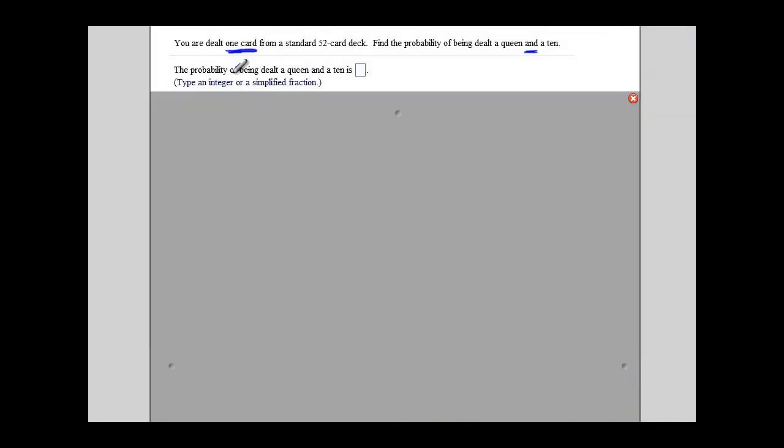On the next example, it says you are dealt one card from a standard 52 card deck. Find the probability of being dealt a queen and a 10. Now this one does not say a queen or a 10, so for it to be a success, the card would have to be both a queen and a 10, and remember that it's only one card.